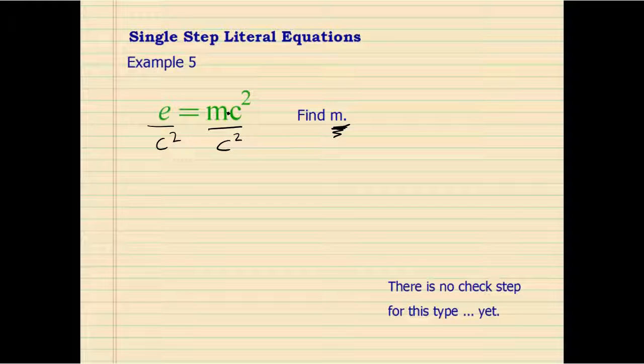So these c squared can be simplified. Both top and bottom can be divided by c squared. That's 1. On the right side, you have m. On the left side, you have e divided by c squared. To make it look nicer, you can write m is equal to e over c squared, which symmetric property would allow us to go from this step to the next step.